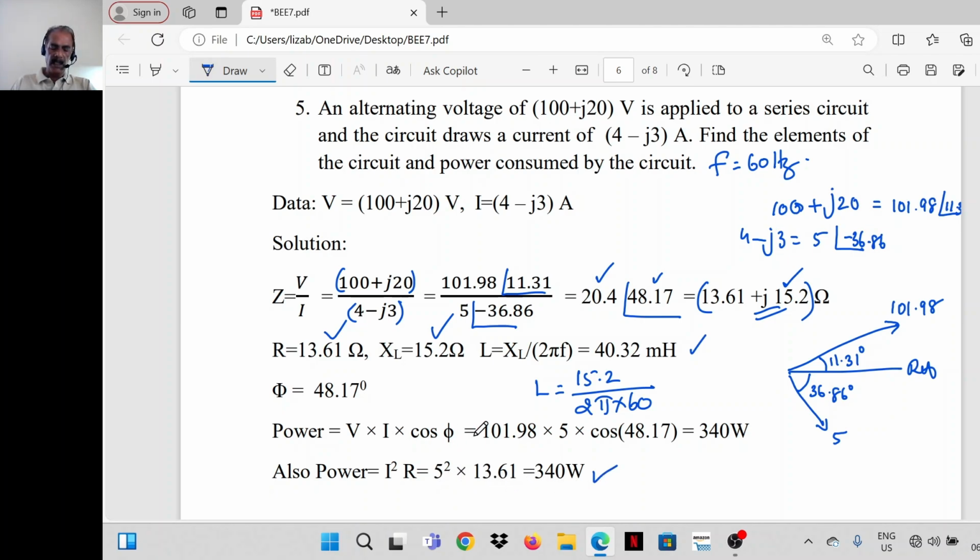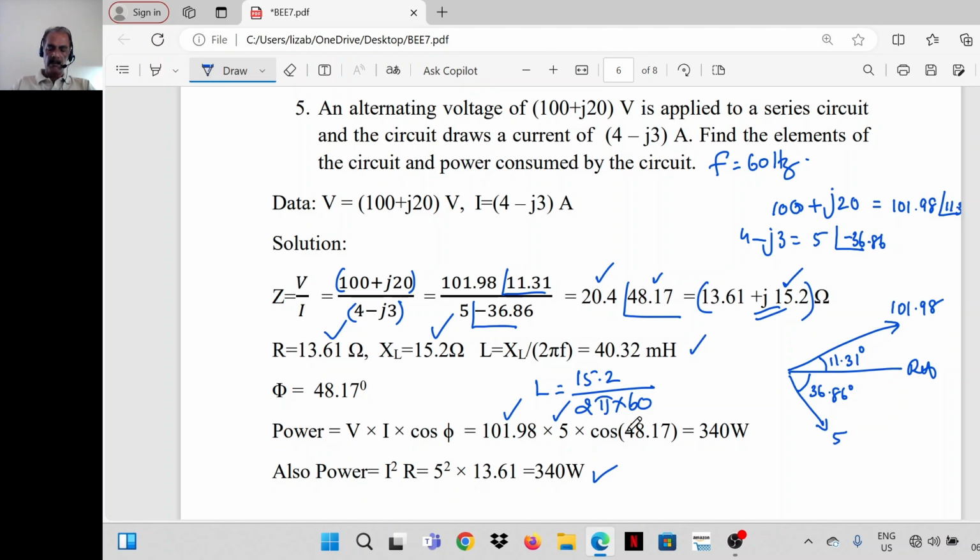Also, power is VI cos phi: the magnitude of the voltage into the magnitude of the current into the cosine of the angle between voltage and current. We can find the power using this equation also. V is 101.98, I is 5 ampere.